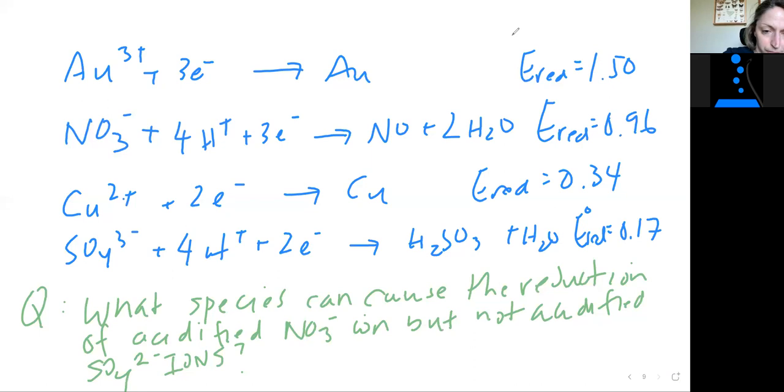You guys are very patient. I'm going to flip those if you guys don't mind. Hold on one second. Nitrate can cause oxidation.